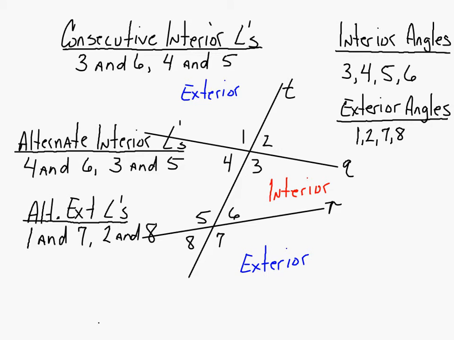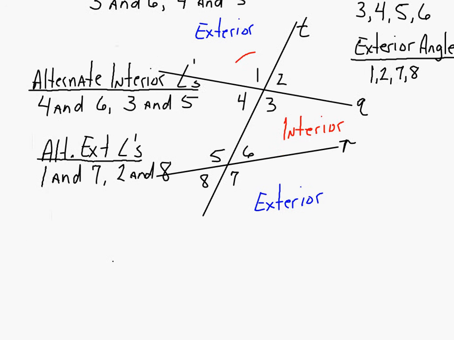Now finally, where T intersects Q, 4 angles are formed, and where T intersects R, there's another 4 angles formed. We're going to list some corresponding angles now.